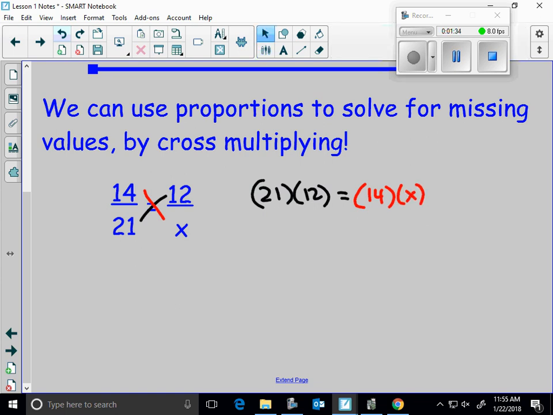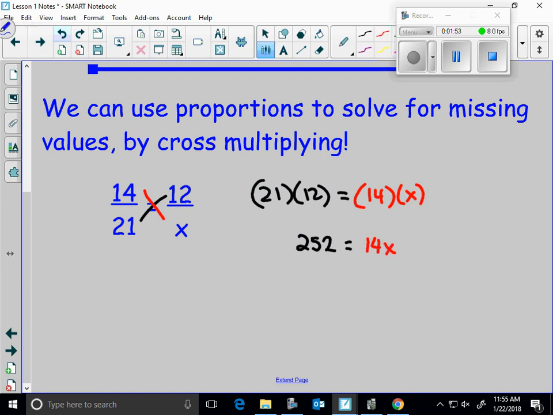If you have a calculator available, I would use that to your advantage. 21 times 12 is 252. And 14 times x is exactly what you think it is, 14x.